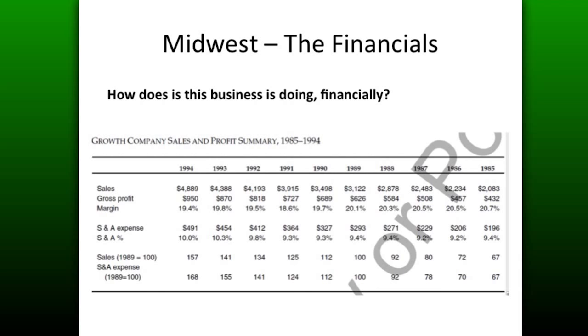But as you look at this, take a look at what is happening. Top line, margin, and the different expense categories. Start at a very high level and see if you can develop a picture of what has been happening over the past 10 years at this company.